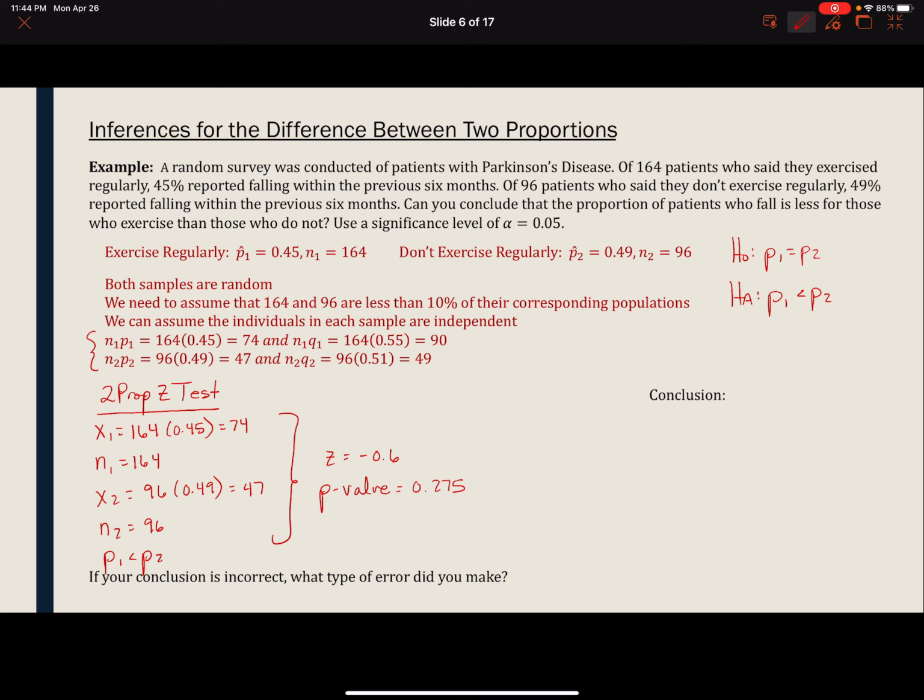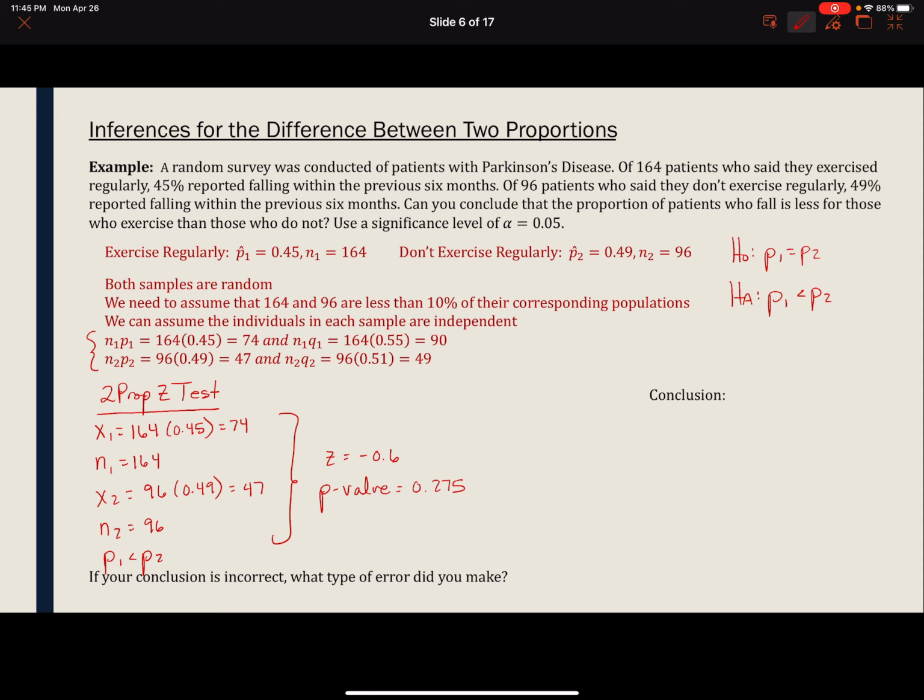You're allowed to have a z-score that's below the mean. So this is saying that the difference here is about half a standard deviation below the mean. That's not unusual at all, which is why we have a pretty high p-value. And notice that when I say a high p-value, I'm talking about 27%, not 97%, right? 27% is a high p-value.